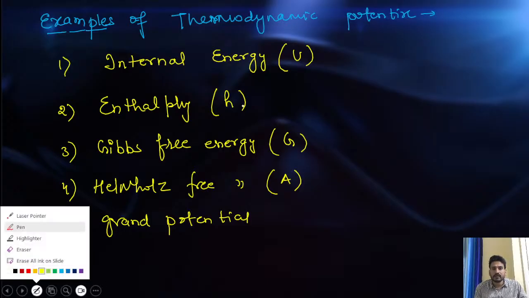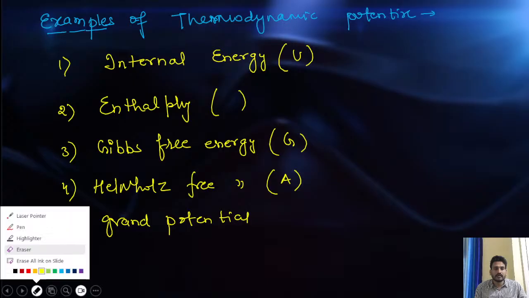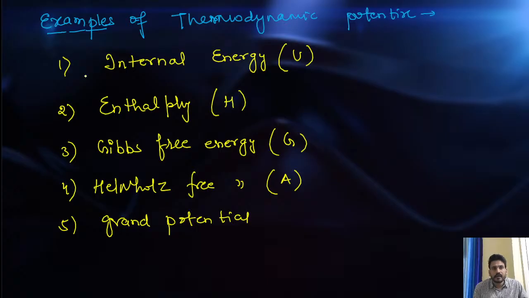Okay. You will correct it in the caps. Just write the capital H. All these symbols are in capital letters. Internal energy, enthalpy, Gibbs free energy, Helmholtz free energy, and grand potential. Okay. So these H, U, A, G are my important discussion in solution thermodynamics. Okay.